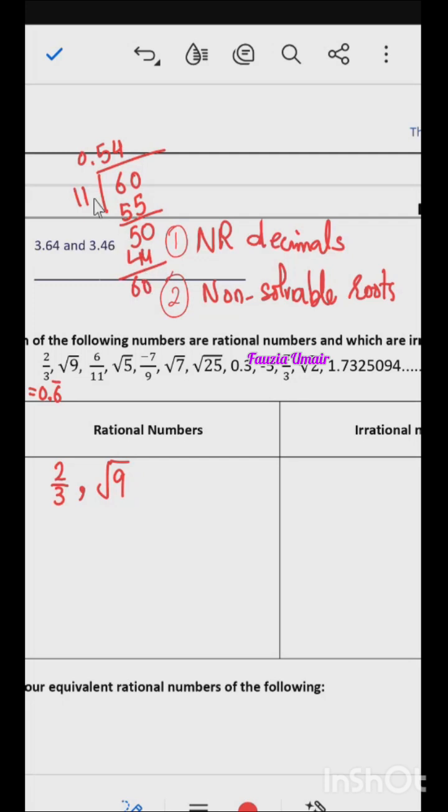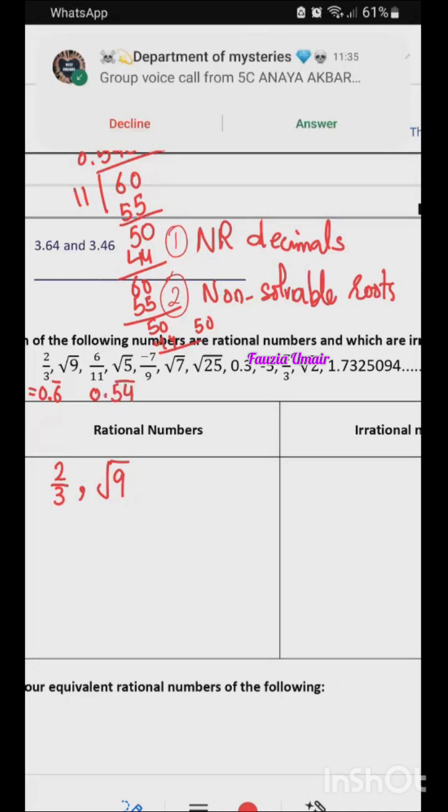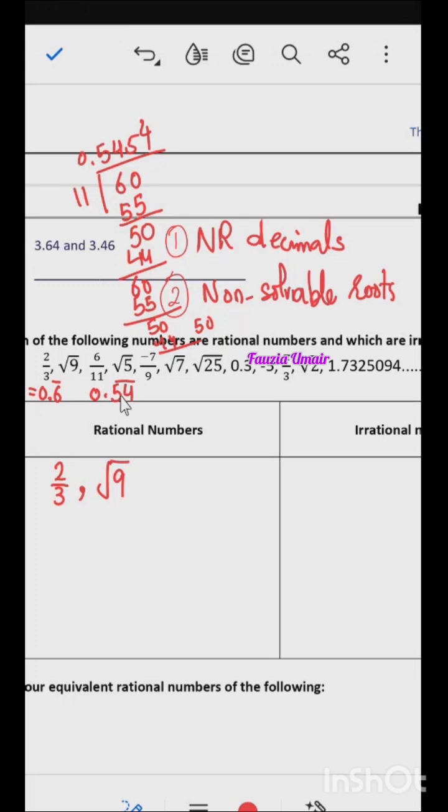You need to be careful, it's the pattern which is repeating. 11 5s are 55, then 50 again, 11 4s are 44. So it's a recurring decimal, 6 by 11, because 0.54 is repeating itself. 5 4 is the pattern that is repeating itself.